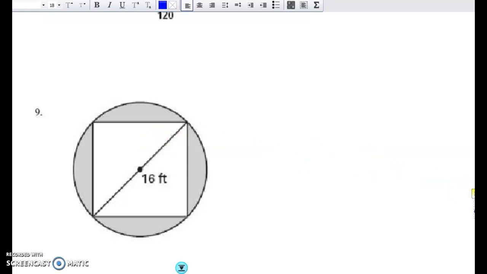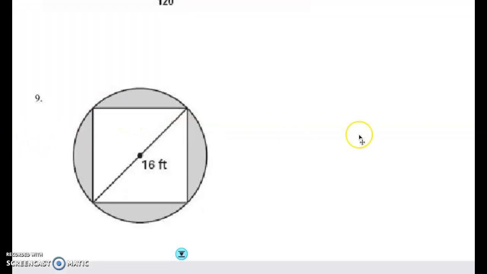Now, let me get rid of this. And this is a square. Therefore, the hypotenuse is 16. When you go to the leg, you divide by √2 and rationalize. And guess what the square's side is? 8√2. And this side is also 8√2.